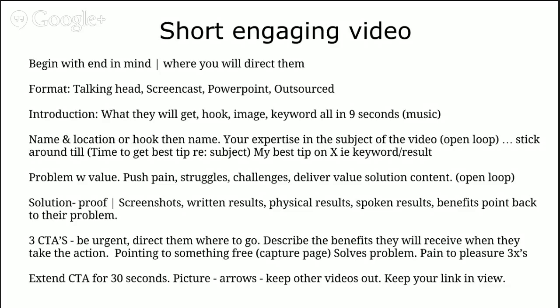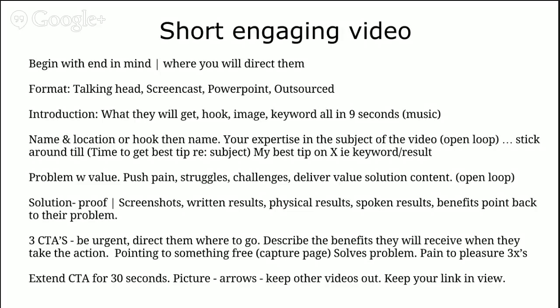But you want an extended CTA for 30 seconds. You can do that by adding a picture to the end of your video, or just let your video run and put an annotation, I forget what they call that thing, that you can fill the whole screen with, and you can keep that going for 30 seconds.